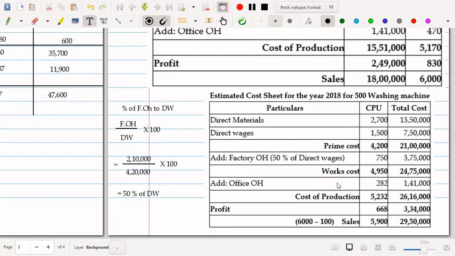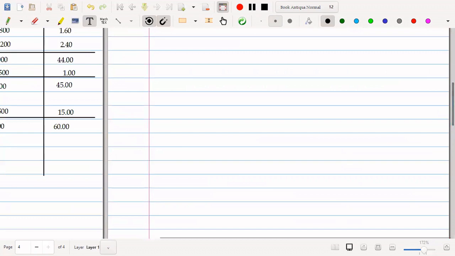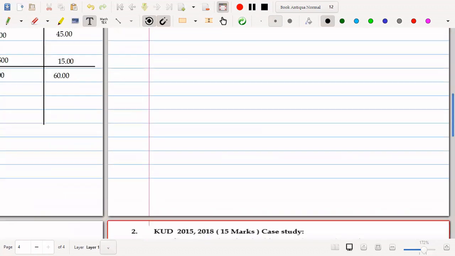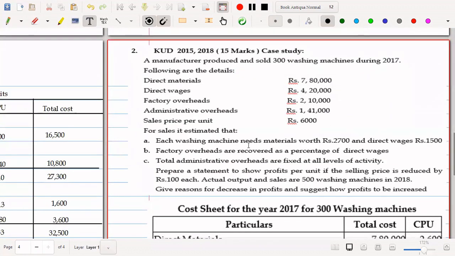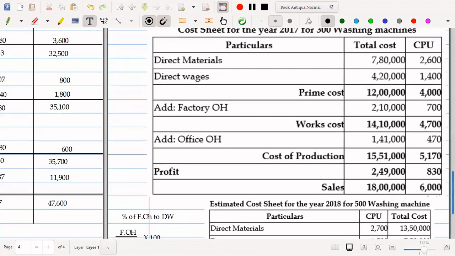And office overhead, regarding office overhead, they have given some adjustment here. See, in the problem they have given: total administrative overheads are fixed at all levels of activity.